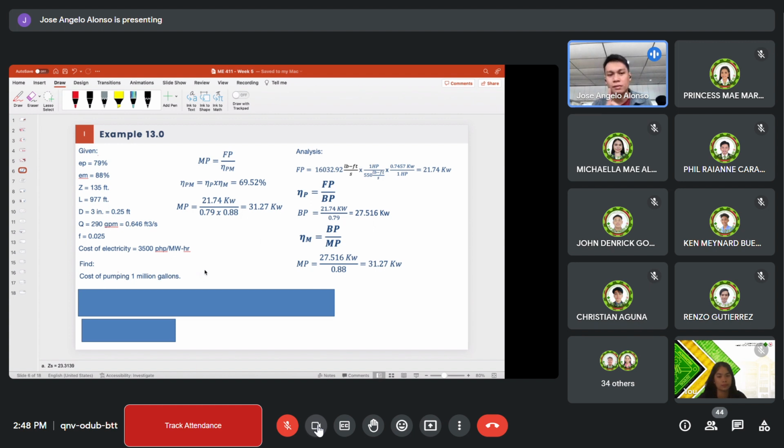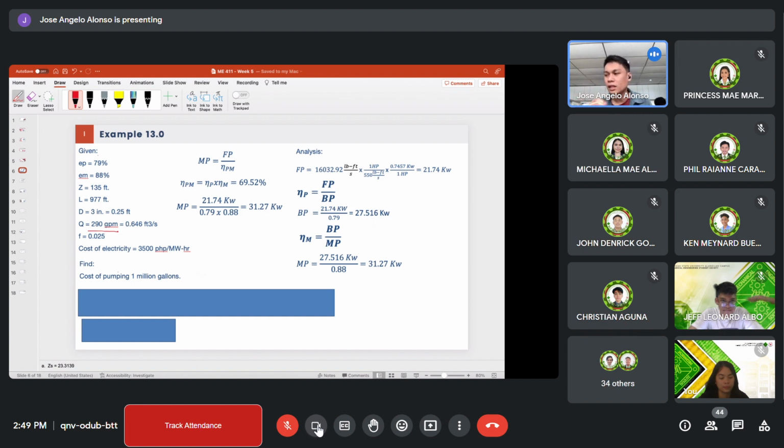Since what the problem is asking for is the cost of pumping 1 million gallons, we need to determine first how many hours are required to pump 1 million gallons if our capacity is 290 gallons per minute. So let's divide 1 million gallons by 290 gallons per minute. We get the number of minutes needed for our pump to deliver it. Since 1 million gallons divided by 290 gives a unit of minutes.